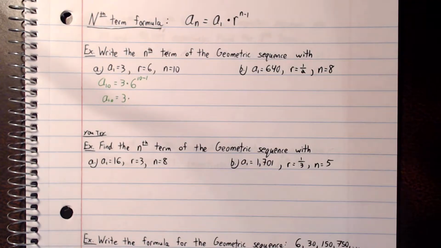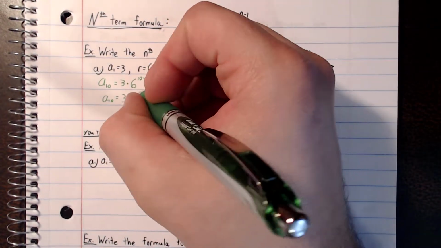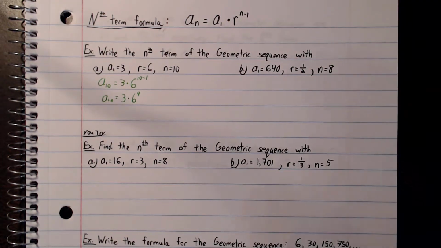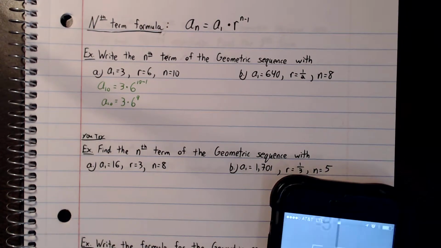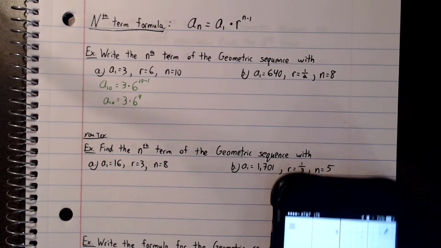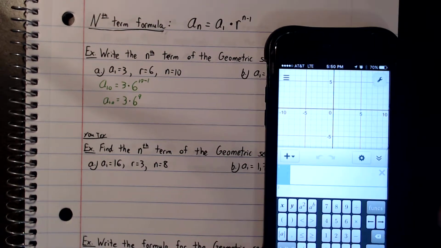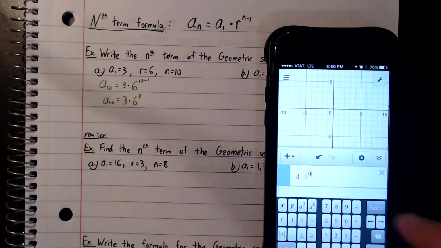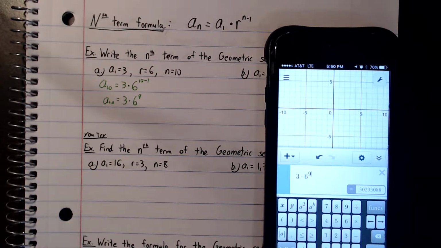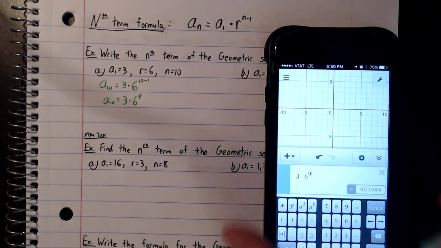So we're talking here about 3 times 6 to the 9th power. And again, if you're using a calculator like Desmos, you can pretty easily type that in: 3 times 6 to the 9th. And then it tells us right here in the corner, 30,233,088.